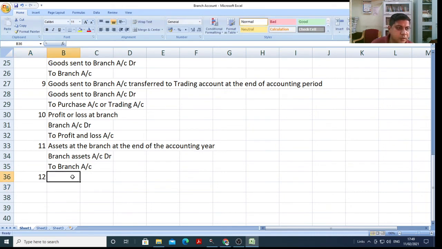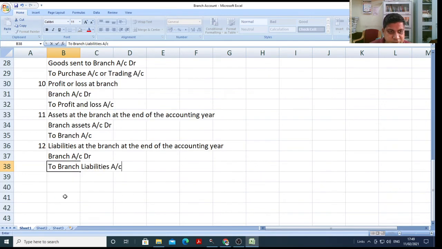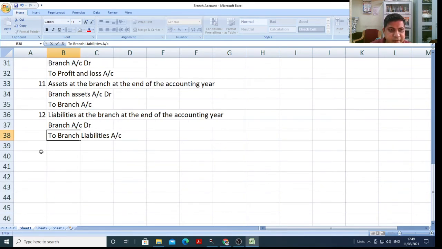Next, liabilities at the branch at the end of the accounting year. Entry will be branch account debit to branch liabilities account. See friends, how we will write the entry number 13.